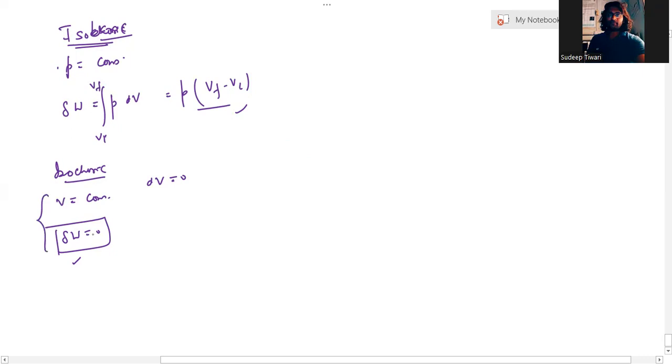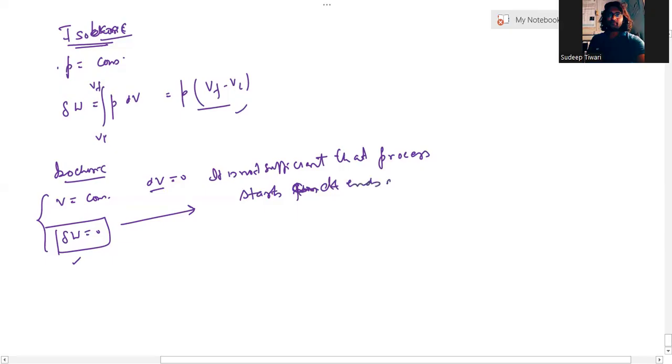And you have to remember one very important thing. It is not sufficient that the process starts and ends with the same volume.